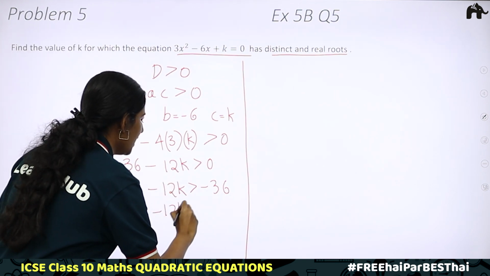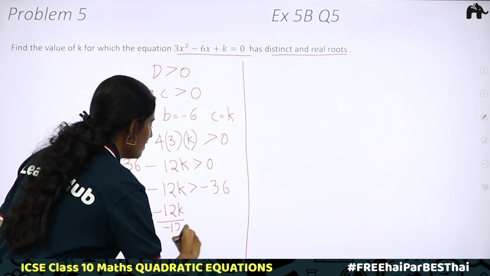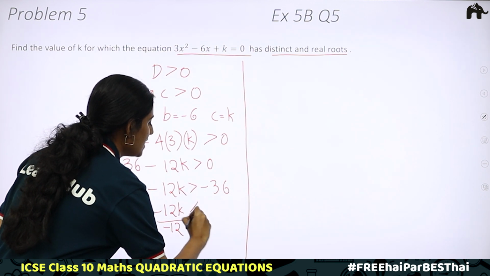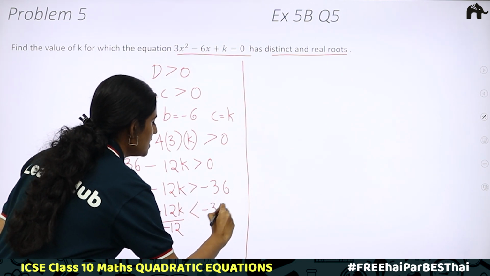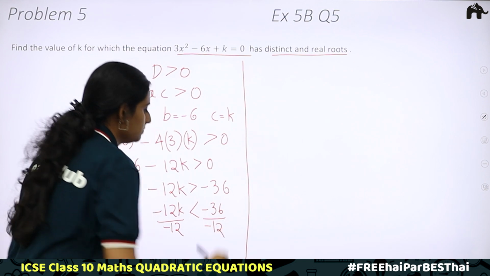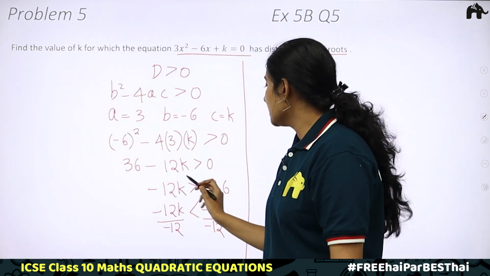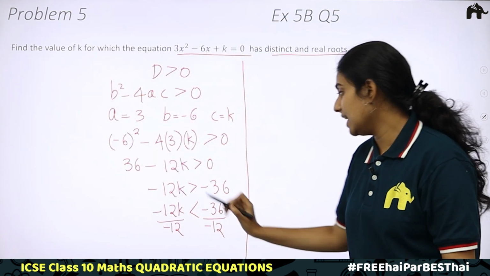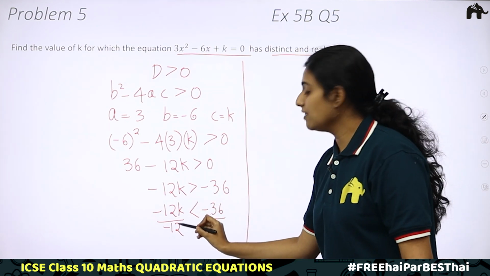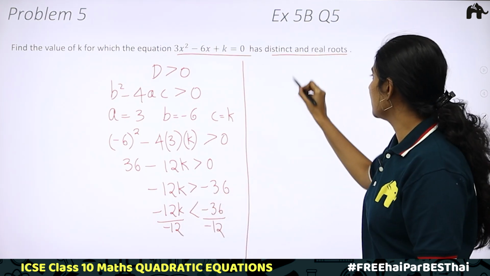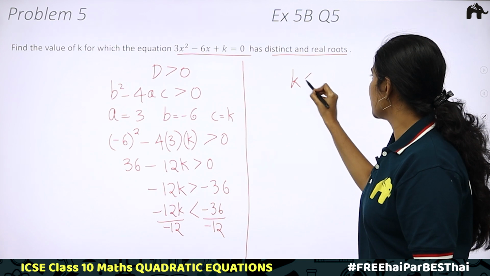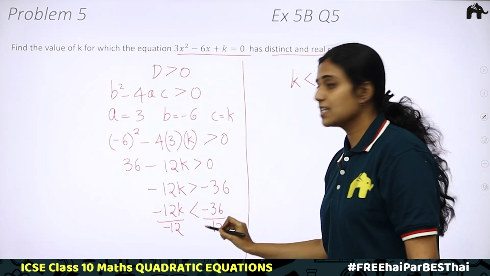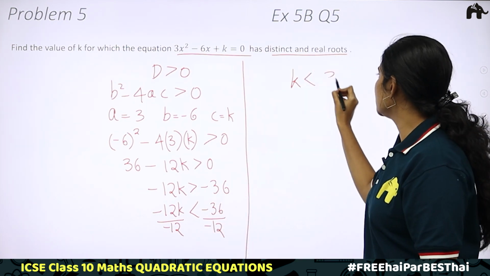Minus 12k divided by minus 12 less than minus 36 divided by minus 12. Okay. Here the greater than becomes less than. Minus 12k divided by minus 12 is k. Less than minus 36 by minus 12 is 3.